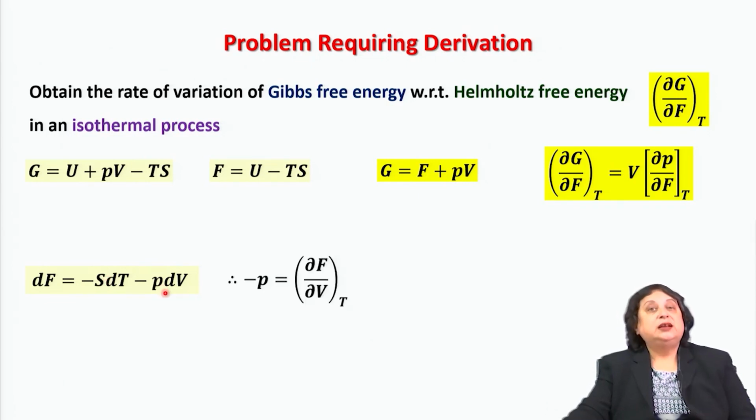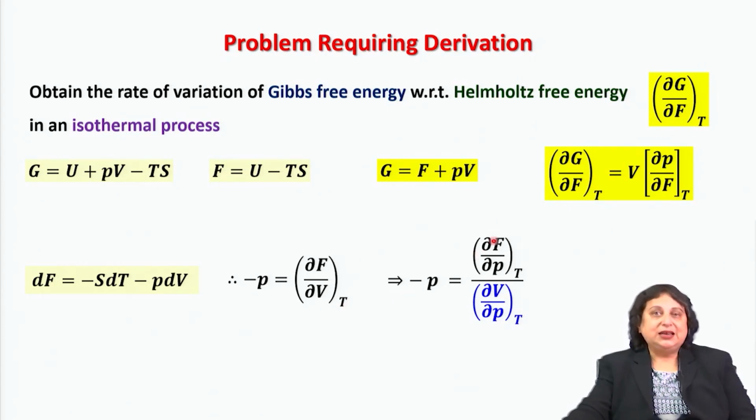Therefore, using the definition, I must say that minus P is equal to (∂F/∂V) at constant T. Now, I can also use the tricks that I have shown you here and write this as (∂F/∂P) at constant T divided by (∂V/∂P) at constant T. Now you see that you have a negative sign, then you have an isothermal condition where pressure is being varied and volume is changing.